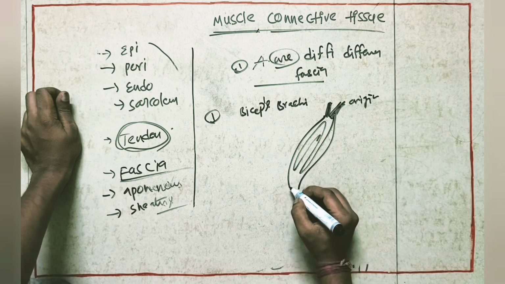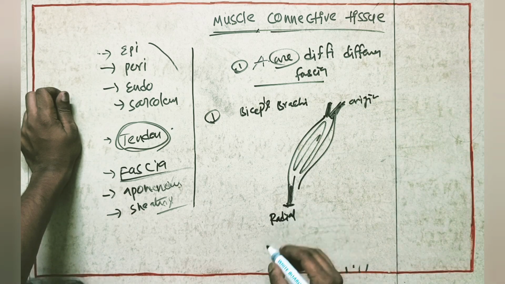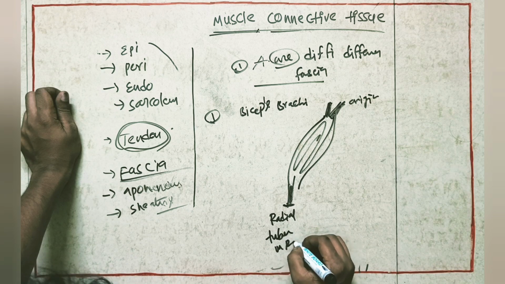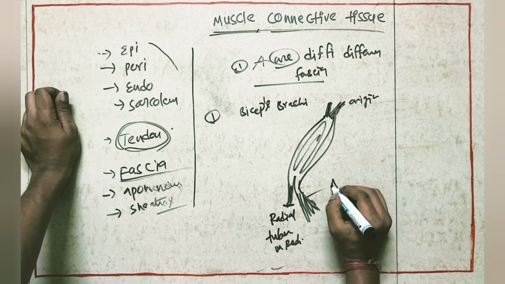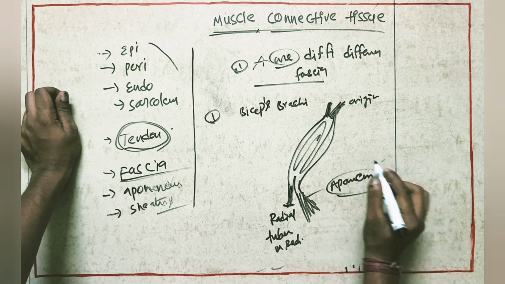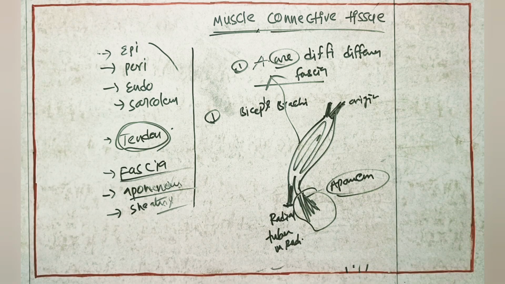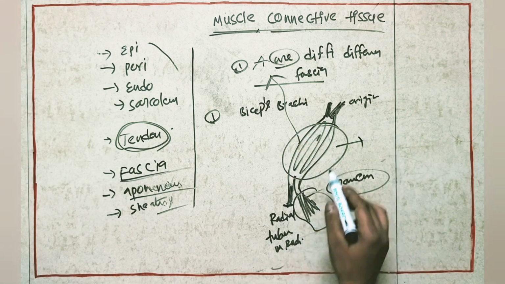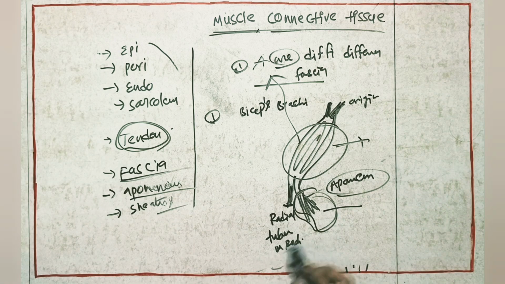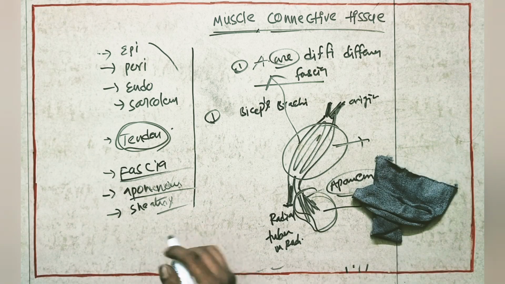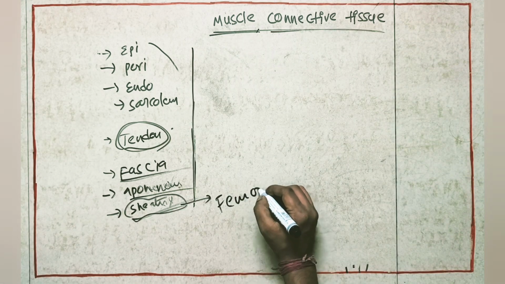One tendon will insert into the radial tuberosity on the radius. This is one tendon, and one more tendon will be like an aponeurosis. So this is the example for the aponeurosis. It's a connective tissue of the muscle. This is the contractile tissue of the muscle. This is connective tissue, also called non-contractile tissue.